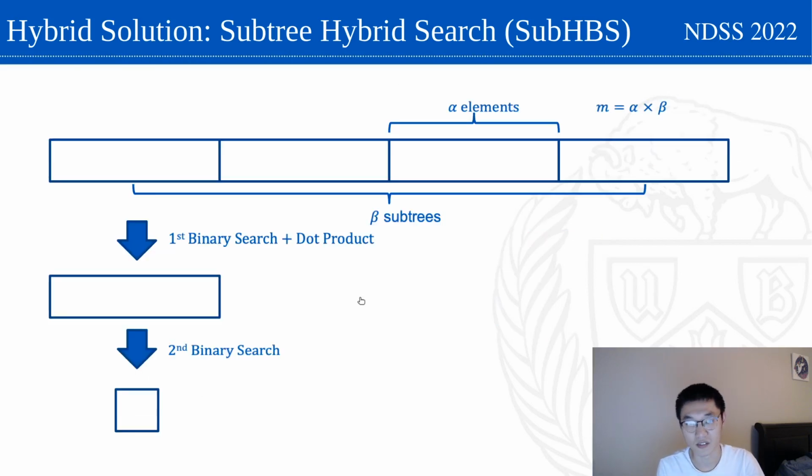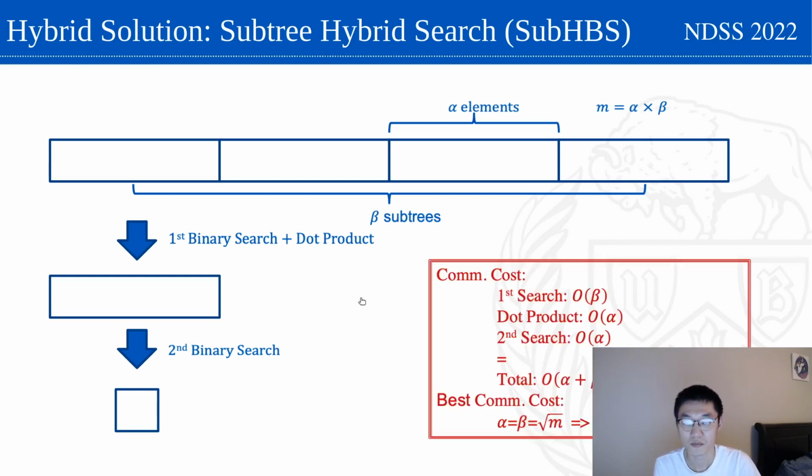Then let's look at the complexity of this solution more precisely. We assume that each subtree has alpha elements and we have beta subtrees in total. Because the first round of search is performed on an array of size beta, its cost will be big O of beta.